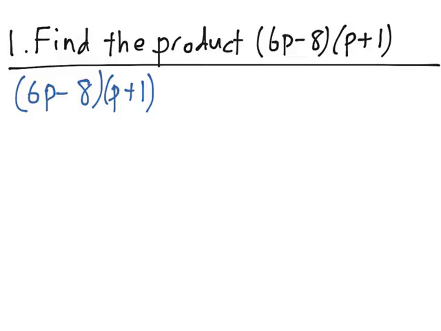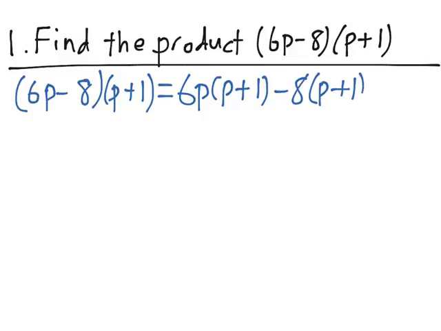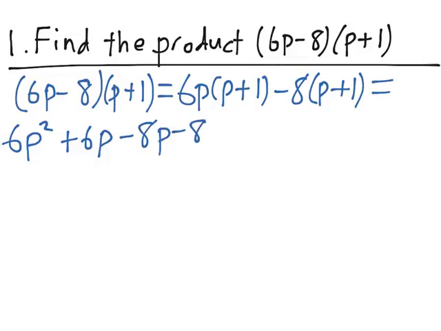Let's start with the left side. This is equal to 6p times (p + 1) minus 8 times (p + 1). Now the left term can be simplified into 6p squared plus 6p, and the right term becomes minus 8p minus 8.